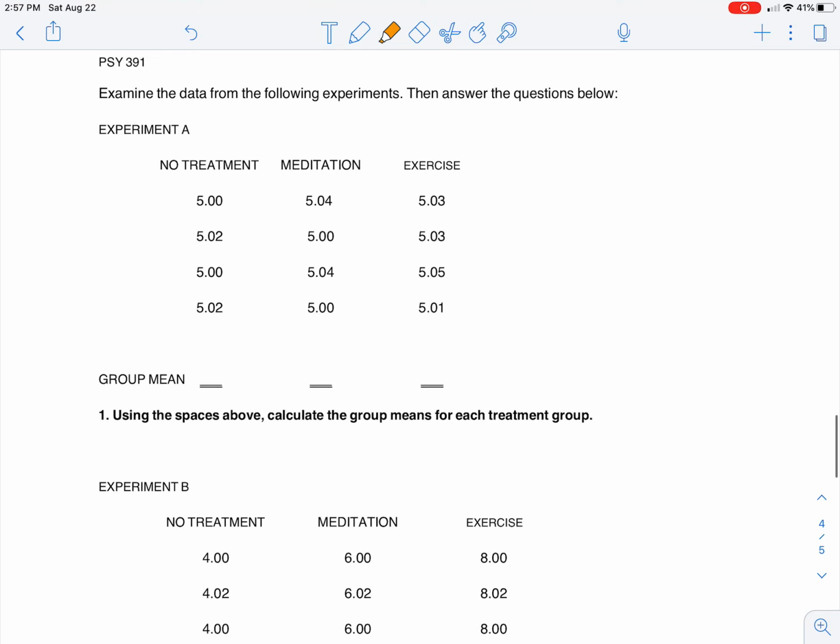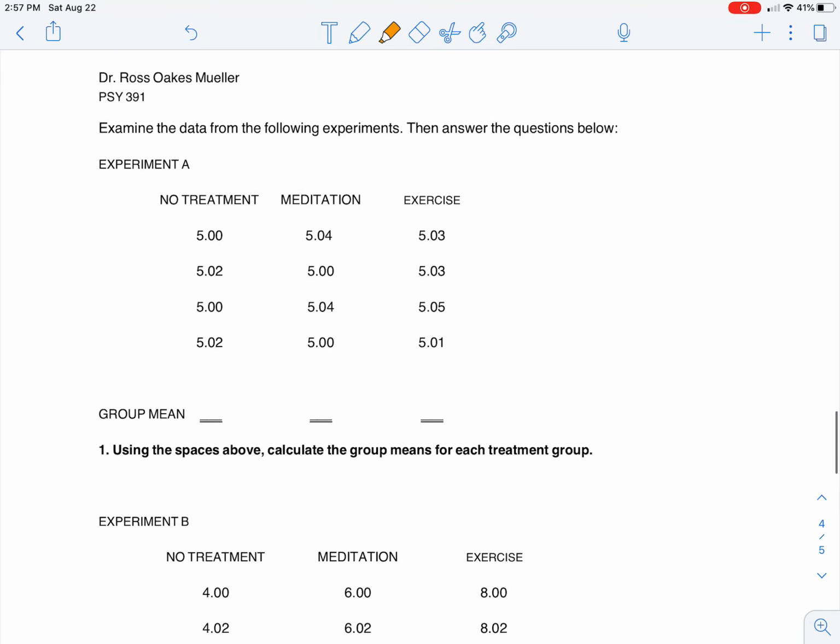Next, what I want you to do on this page is take a look at these 3 sets of data. So what you have here is participants. You can imagine that this is participant number 1, participant number 2, number 3, number 4, number 5, etc. These are data from 12 different participants.